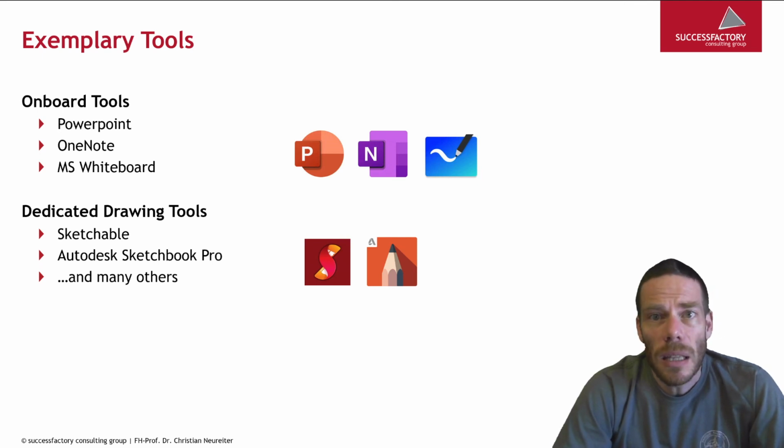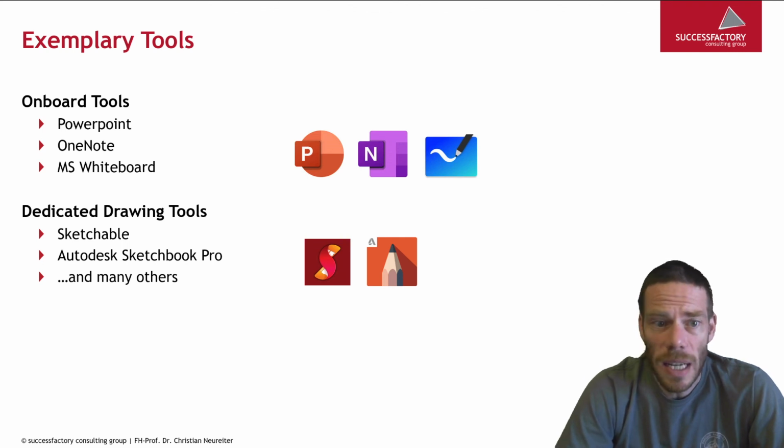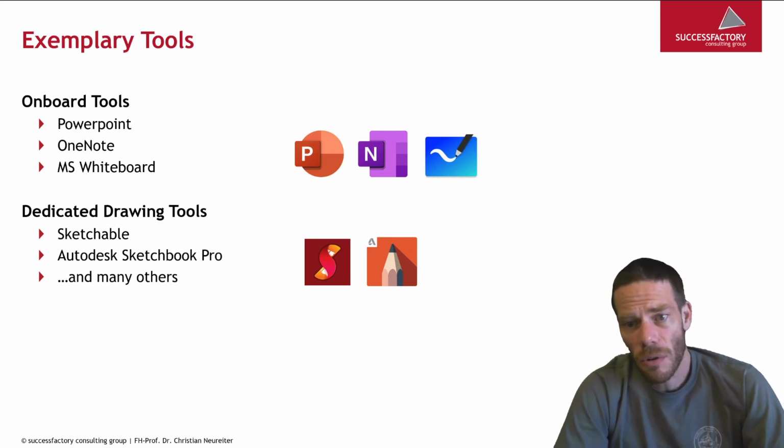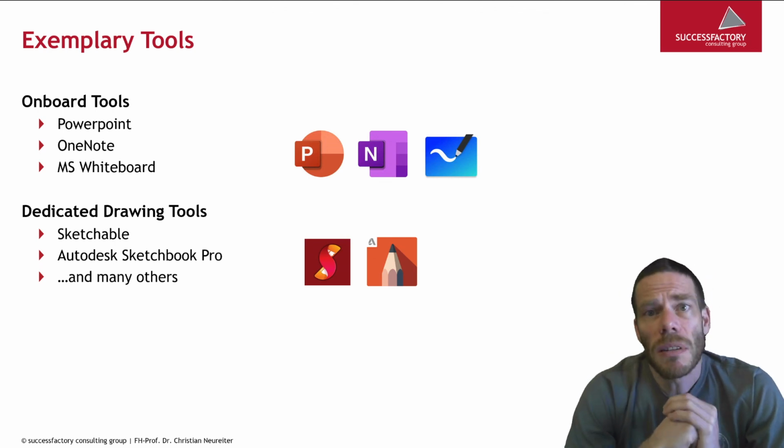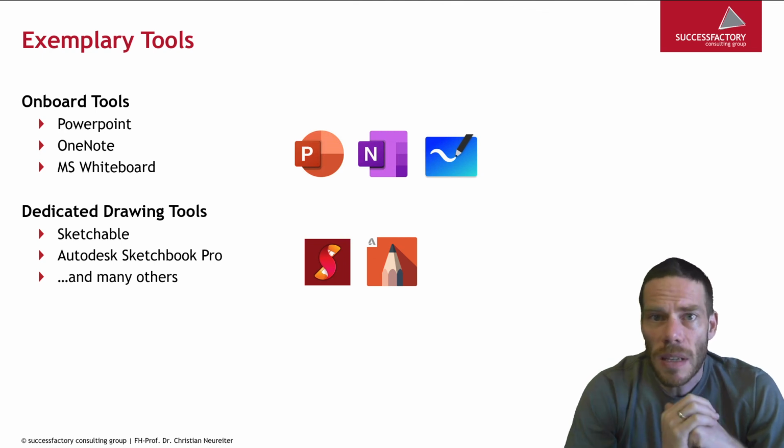And then we take a closer look at particular drawing tools. Here I have just selected two at random. I use Sketchable and Autodesk Sketchbook Pro, which are tools that I work with on a regular basis. So we want to see how these tools can support us, and maybe some tricks and hints. And maybe you also want to try these things.